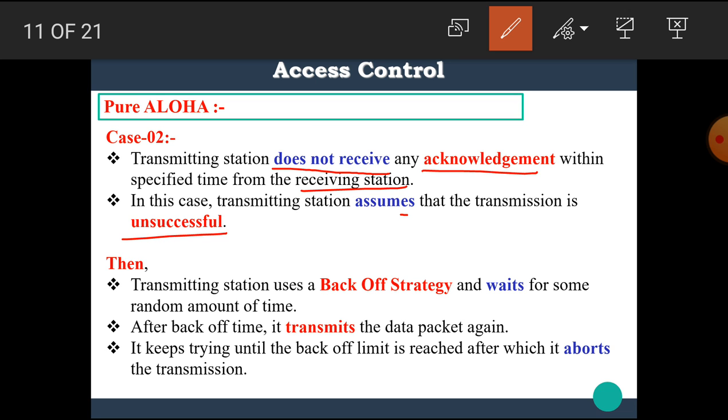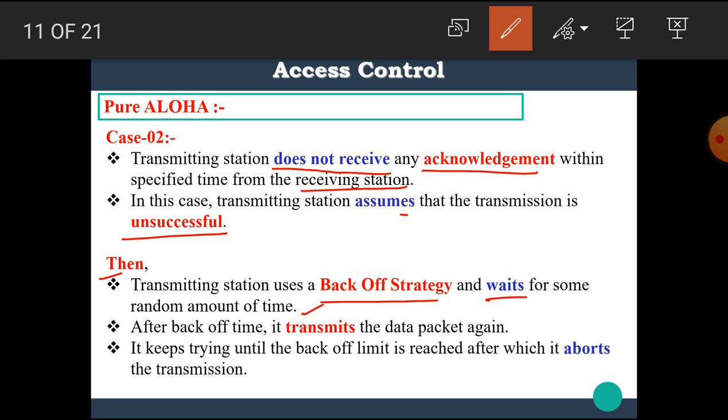That means if the transmitting station has the acknowledgement of the transmitted data, it is considered successful, and if it does not have the acknowledgement, it is considered unsuccessful or failed. Then the transmitting station uses the backoff strategy and waits for some random amount of time.